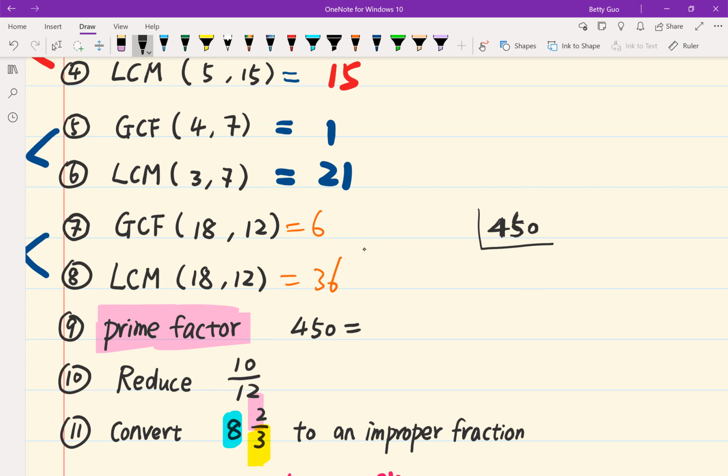We do have 1, but 1 is not a prime. 2, 3, 3, 5, 5, that'll be okay. 1 is not a prime number. The smallest prime number is 2, right?